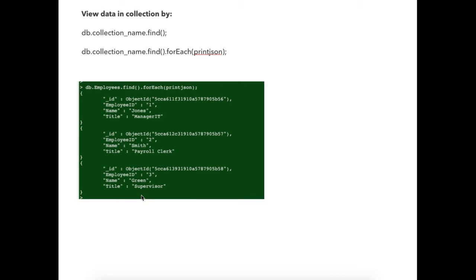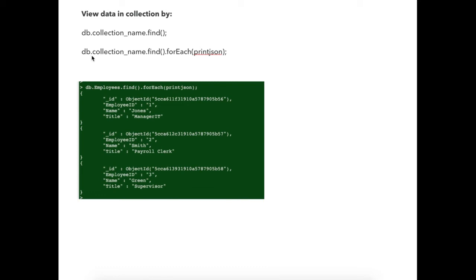Normally in SQL, we can select star from the name of the table, and all of the information will be provided to us. It is the same thing in MongoDB. To view the information within a collection, you can use db.collectionName.find(), and this will list all of the information inside of the collection.